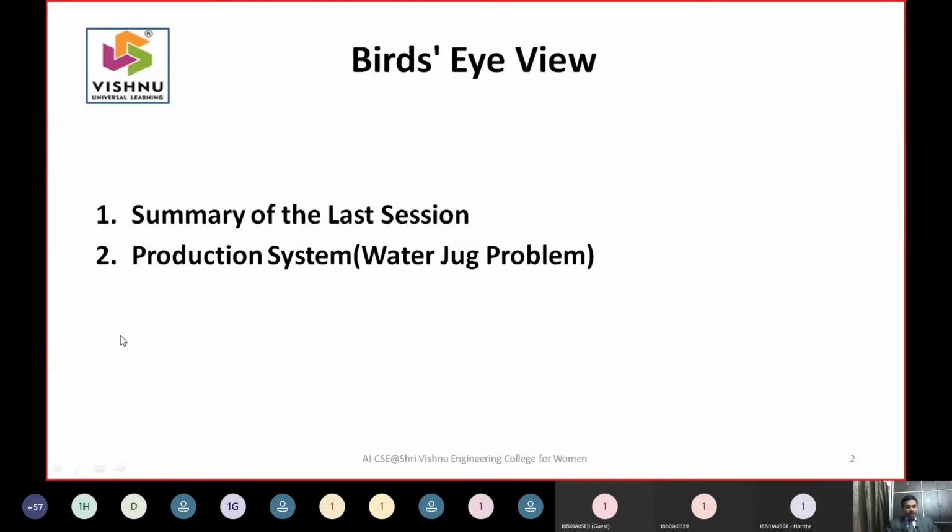In the last class we took a problem called the water jug problem, in which two jugs are there, of capacity 4 gallons and 3 gallons, and the target is to get 2 gallons of water in the 4-gallon jug.